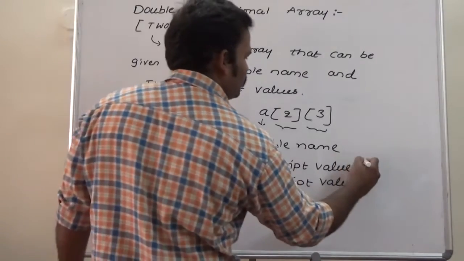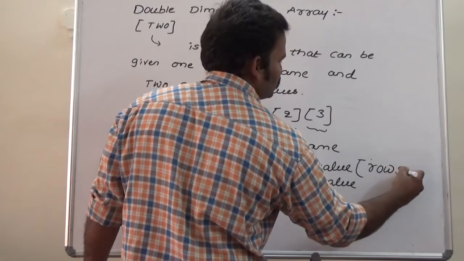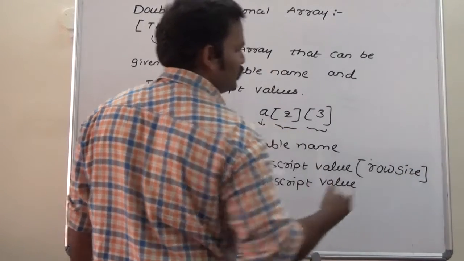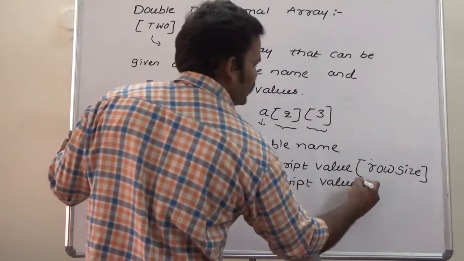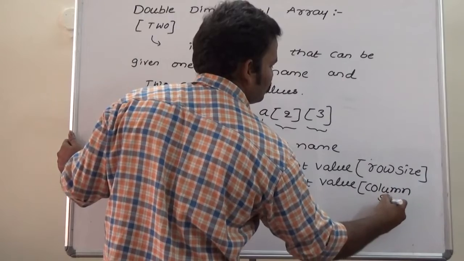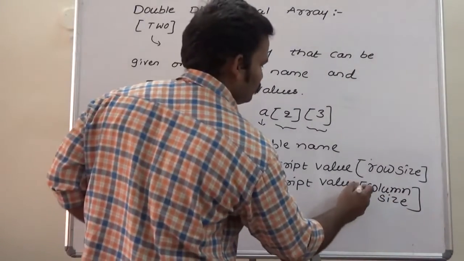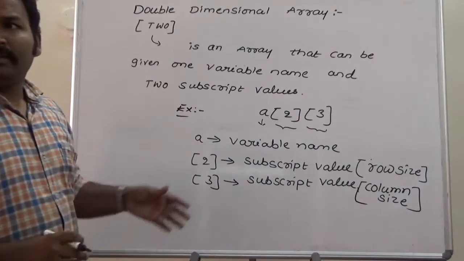Here the first subscript value represents row size, and the second subscript value represents column size. So, clear?